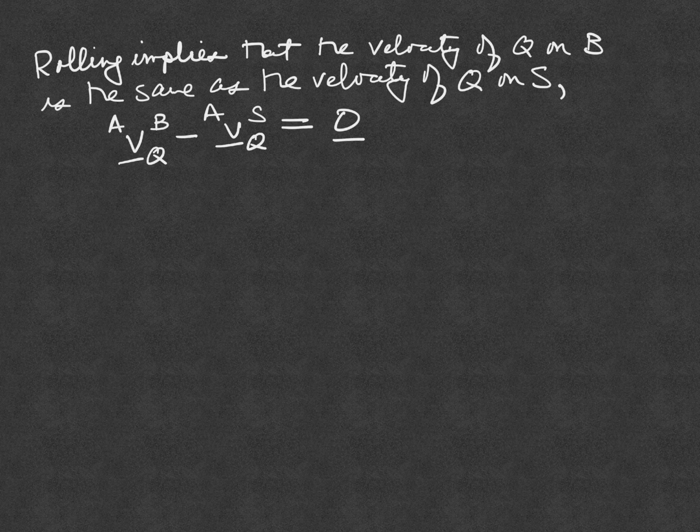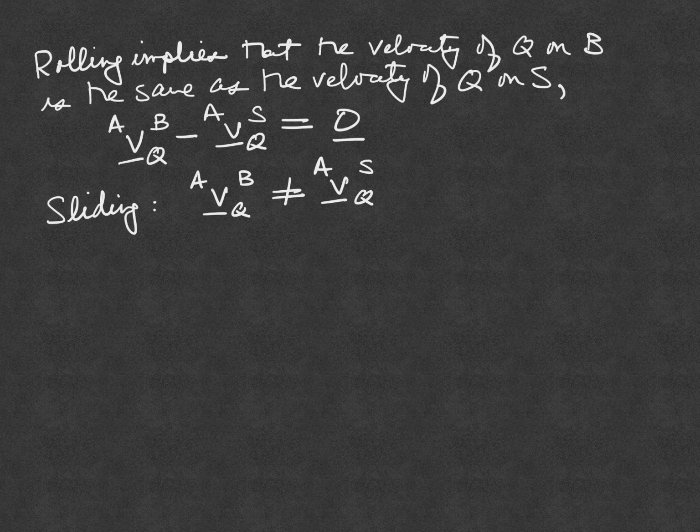Now that's rolling. So rolling and sliding are kind of complementary things. So although this sounds somewhat trivial, sliding means that the velocity of point Q on B in A is not equal to the velocity of point Q on S in A. It's basically whatever rolling is not, that's sliding, because remember that we're dealing with a point of contact.